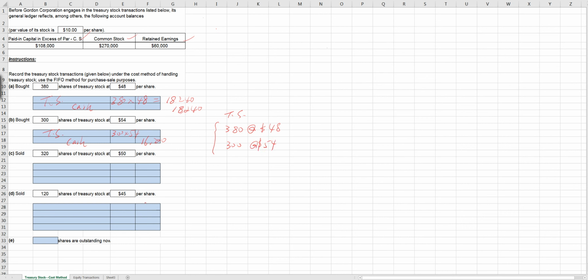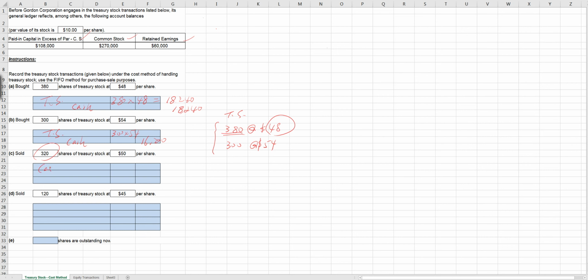Okay. Now in transaction C, we sold 320 shares at $50 per share. Applying FIFO, the cost of this sale should be $48, because this came in first, and we do have enough so-called inventory.